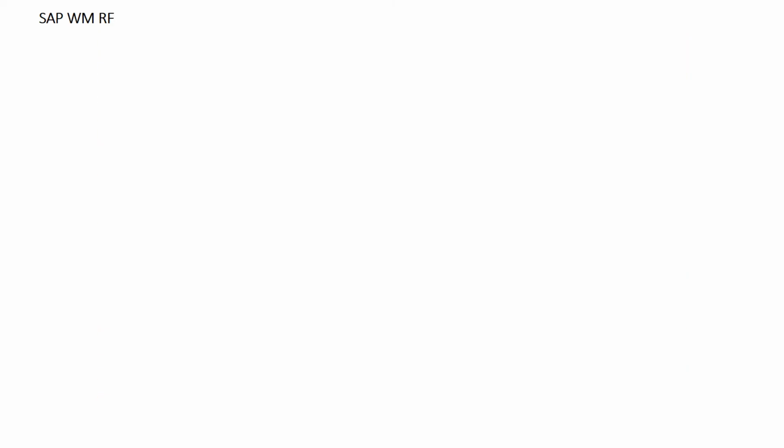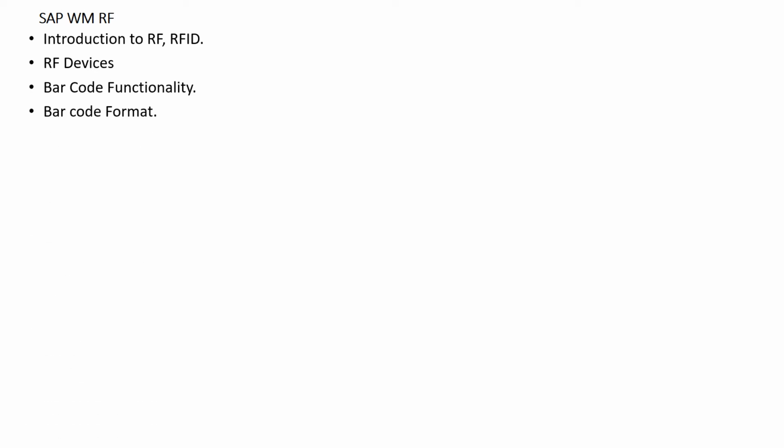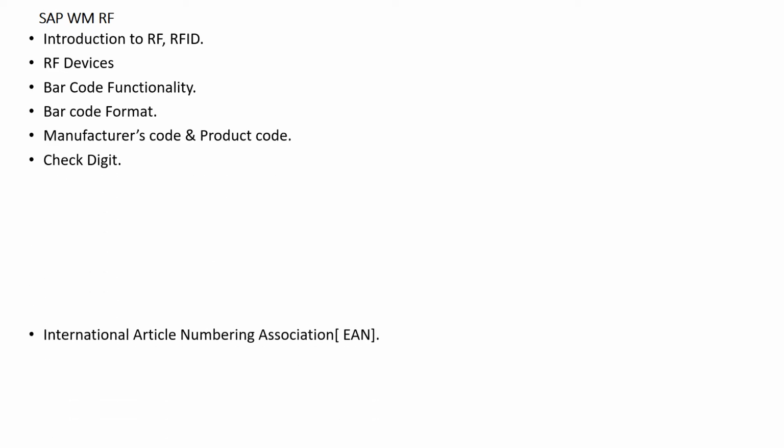In the first video, the details covered when RF was introduced, then an introduction to RFID and RF devices, barcode functionality, barcode format, manufacturer's code and product code, and check digit.